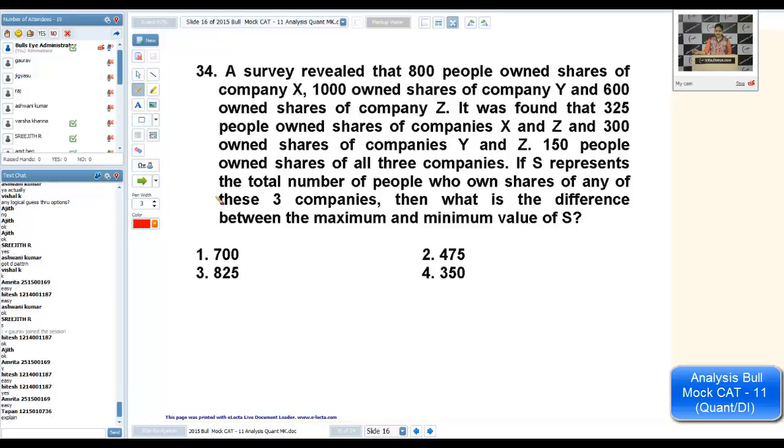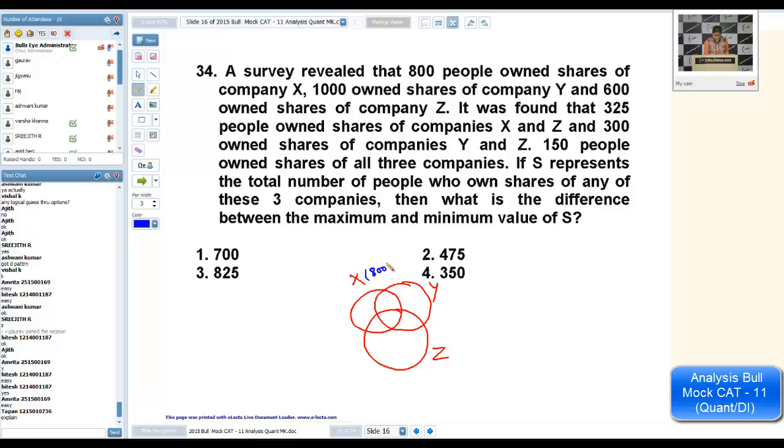A survey revealed that 800 people own share of company X. As you can read this question, you can see there are 3 segments. They are X, Y, and Z. Now what are the things given? A survey revealed that 800 people own share of company X.